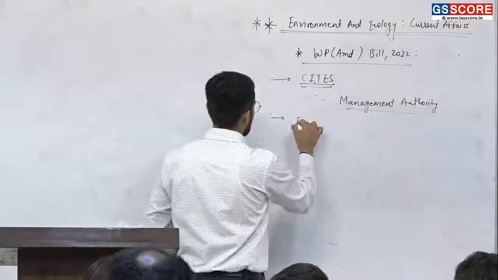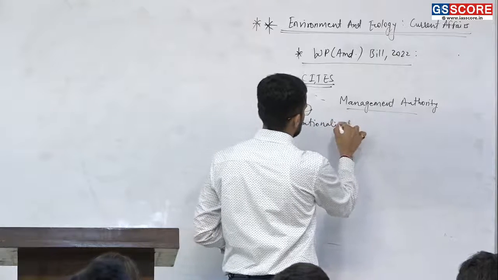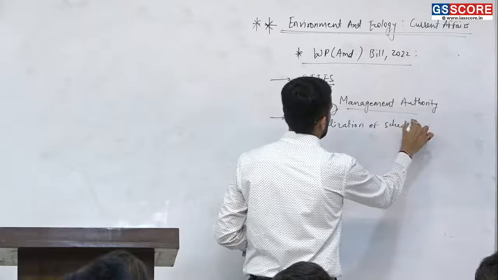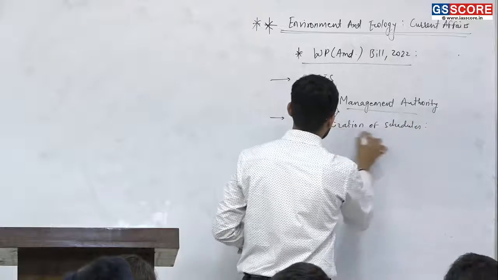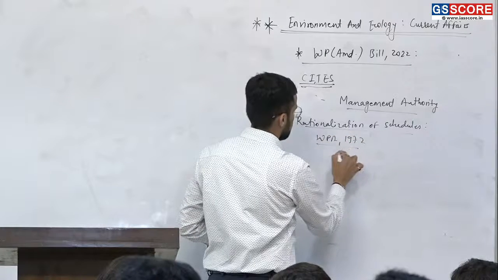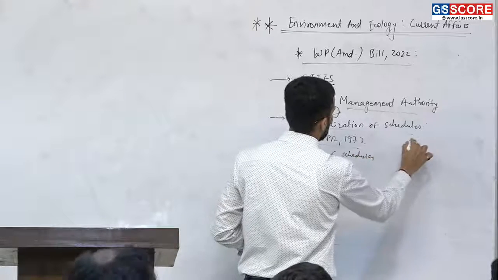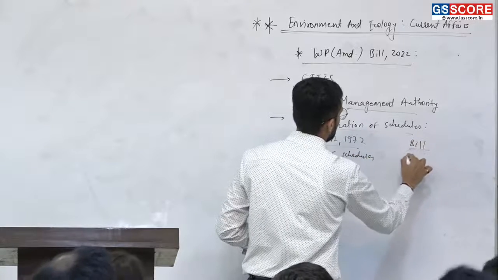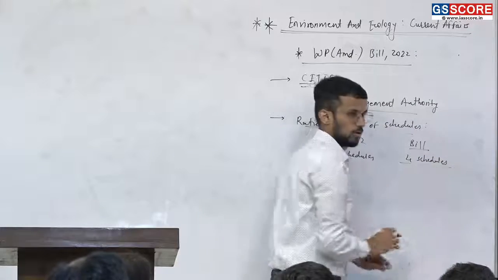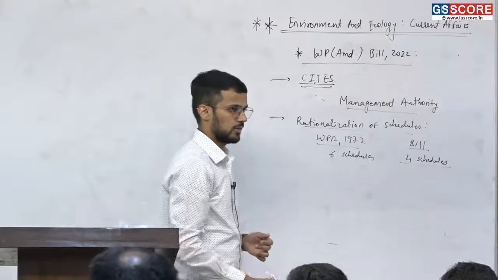Second is rationalization of schedules. So already we have 6 schedules in WPA 1972. 6 schedules are there, and in the bill there will be 4 schedules. It's deleted.